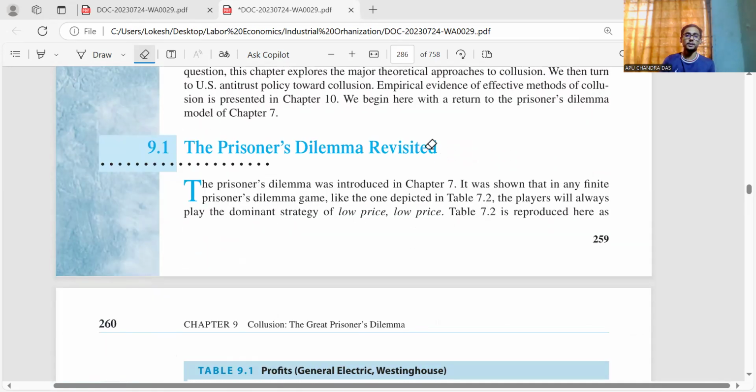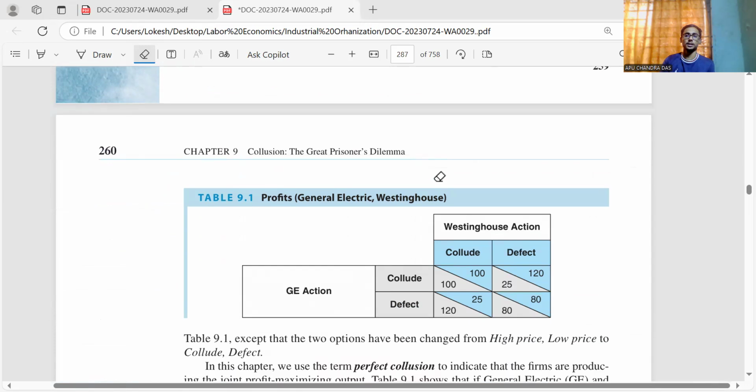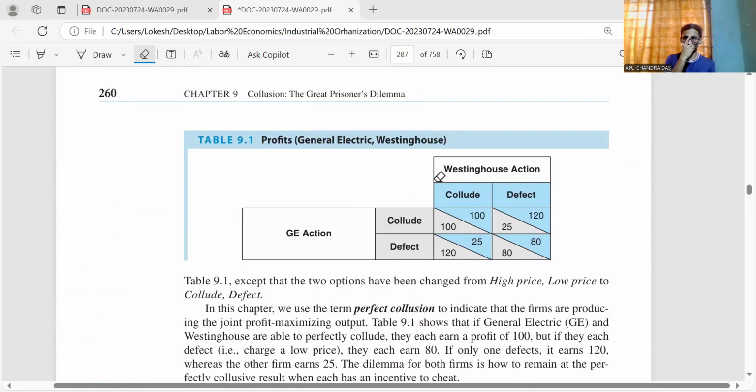In the next part, we are revisiting the prisoner's dilemma, and here we are in a position to discuss the payoff matrix of General Electric and Westinghouse. If we look at the payoff matrix, we see that there are two types of action for both General Electric and Westinghouse: the first one is collude and the second one is defect.